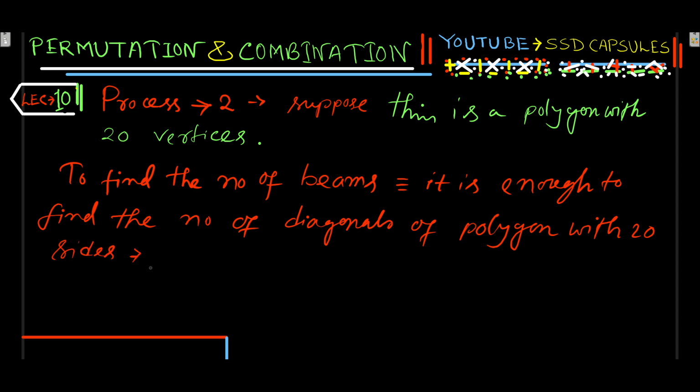Now we know that to construct a diagonal, we have to have in our hand 2 vertices. So if we select 2 points out of 20, does it include all possible diagonals? But is it okay?